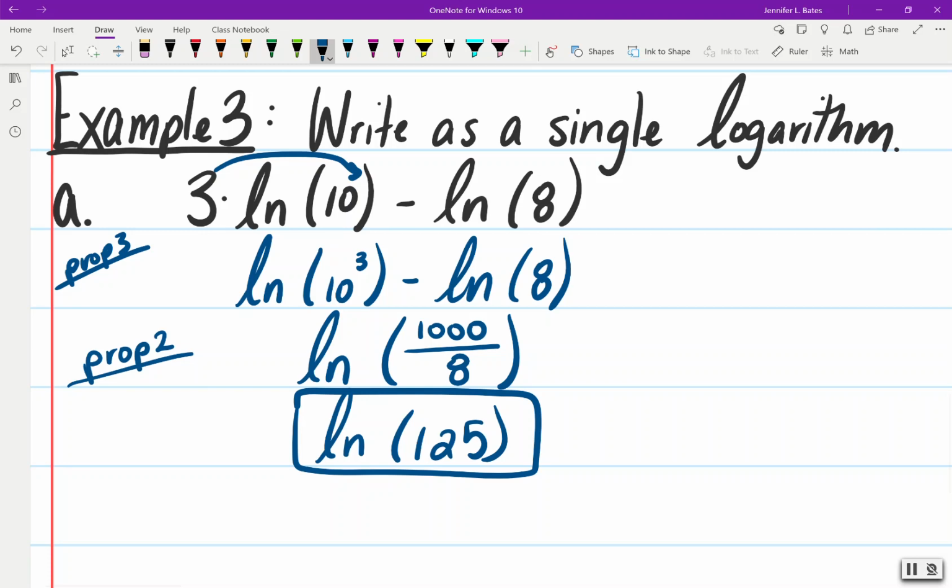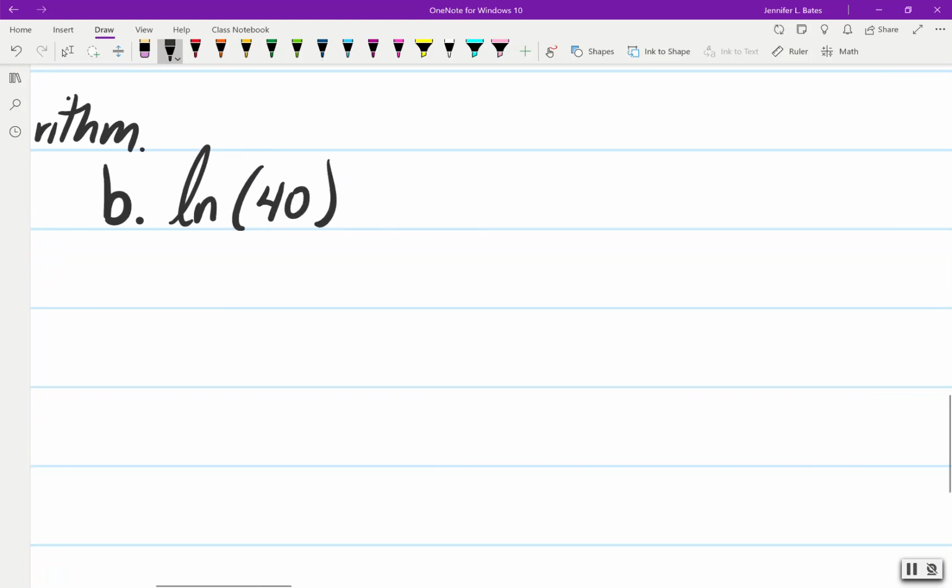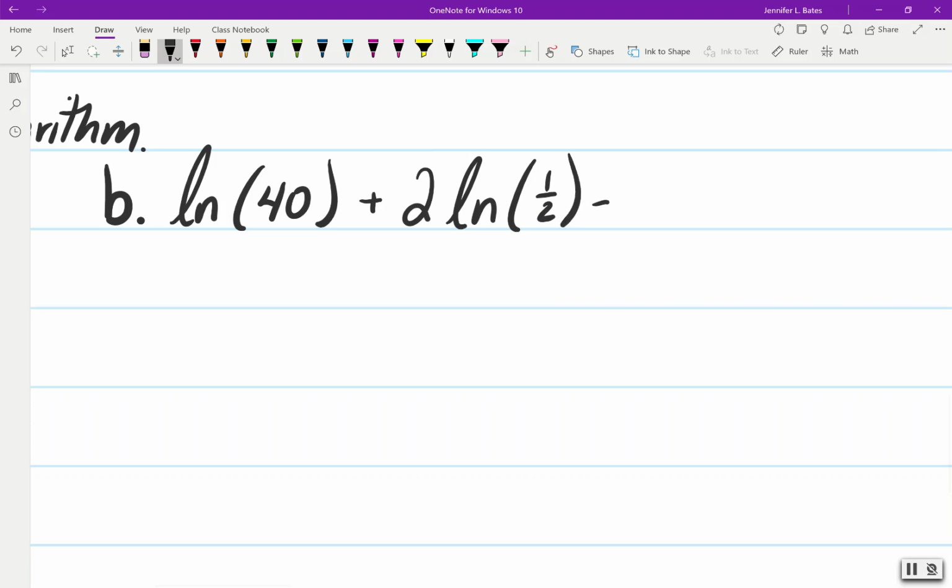All right, let's try another one. We'll call this example B over on the right. In example B, we are given the natural log of 40 plus 2 times the natural log of 1/2 plus the natural log of x.